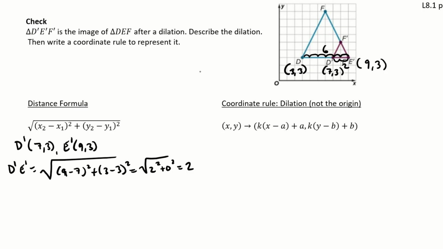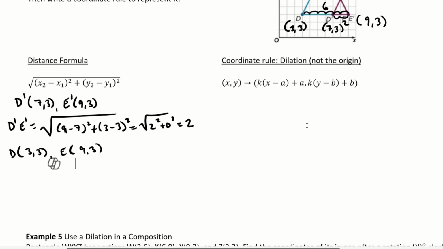See, 2. Now let's do DE. So D is 3, comma 3, and E is 9, comma 3, sorry.